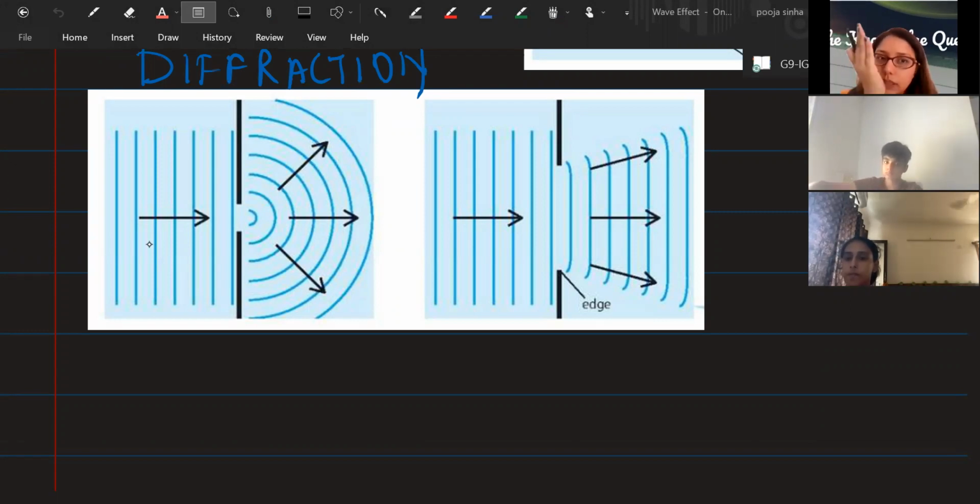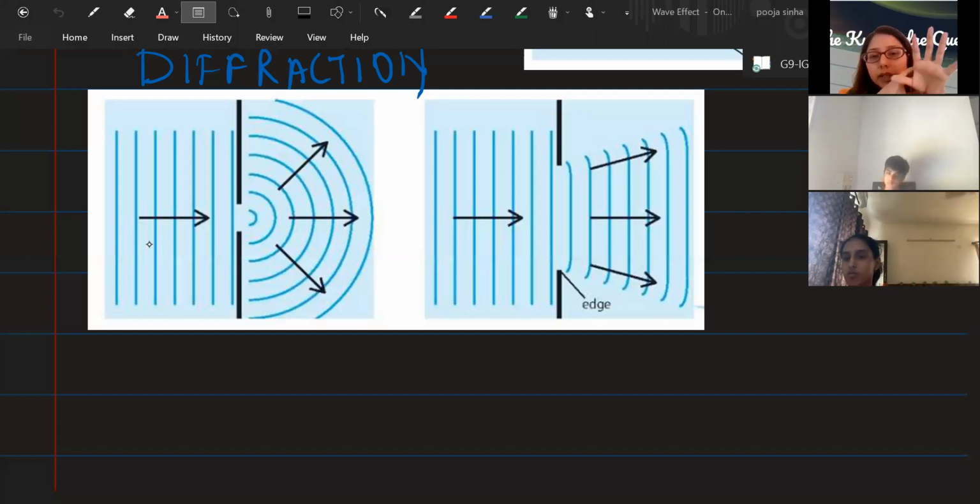Before this obstacle, the waves were coming absolutely straight. Now what happens after that? There's only this much gap, a very small gap, and the wave needs to come out of that. So there's an obstacle, there's a small gap. Do you observe how they're rounding up after that?